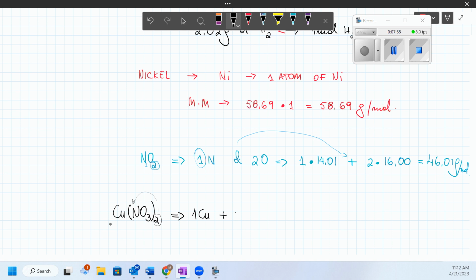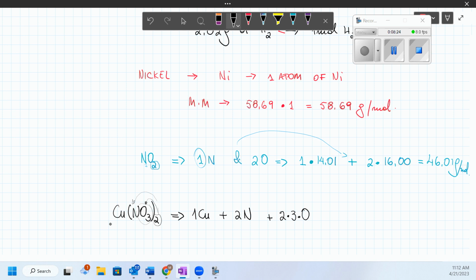So we'll have 2 nitrogen, okay, and then we keep going. Inside the brackets, we have 3 oxygen, which is multiplied by 2. 3 times 2 is 6. So just for the sake of you having it there, I will write it as 2 below, and then times 3, the number of oxygen.